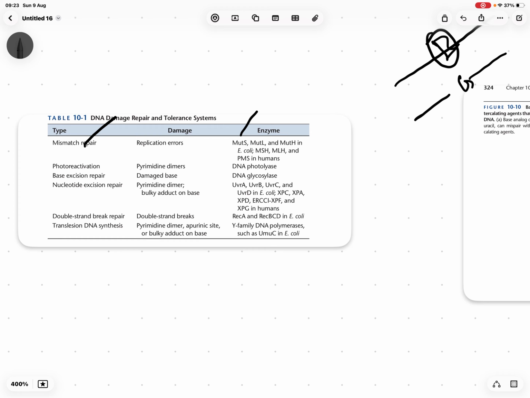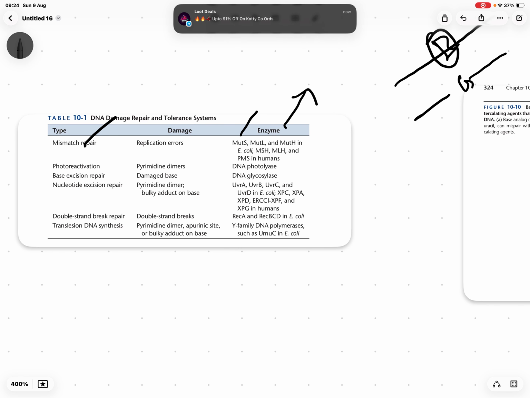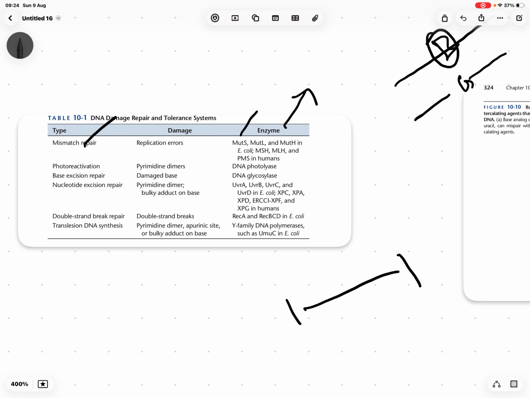And MutH cuts the DNA, like an endonuclease. Once MutH cuts the DNA, the polymerase 1 enzyme, which has 5 prime to 3 prime exonuclease activity and also 5 prime to 3 prime polymerase activity, removes this DNA using the exonuclease activity and extends the DNA with the polymerase activity. Finally, the DNA ligase also comes.